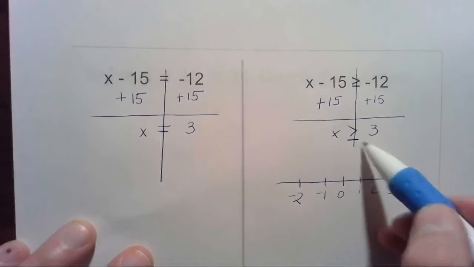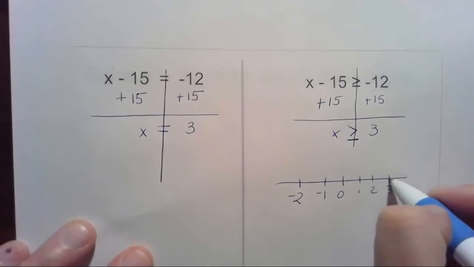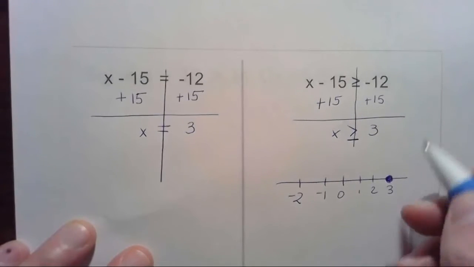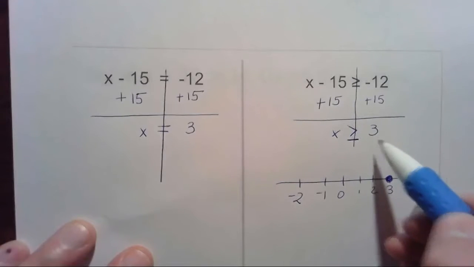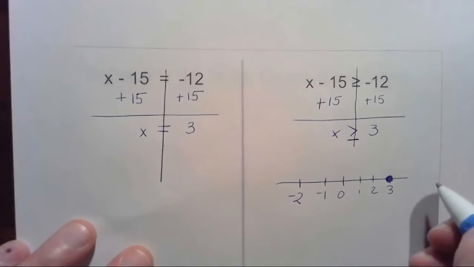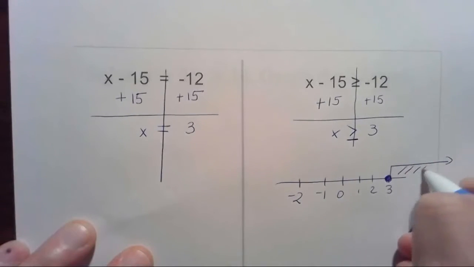Because I have greater than or equal to, my circle will be a closed circle because 3 is included, and all my numbers have to be greater than 3. The numbers greater than 3 are 4, 5, 6, so I have to go in that direction.